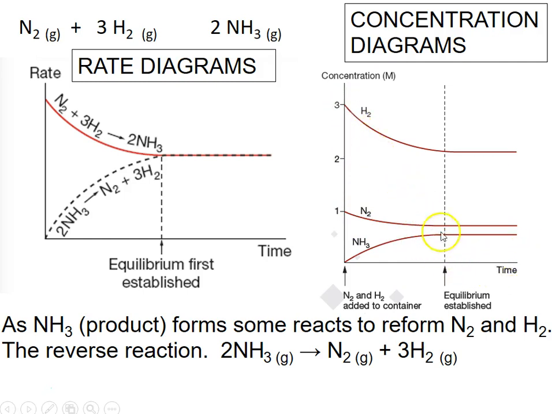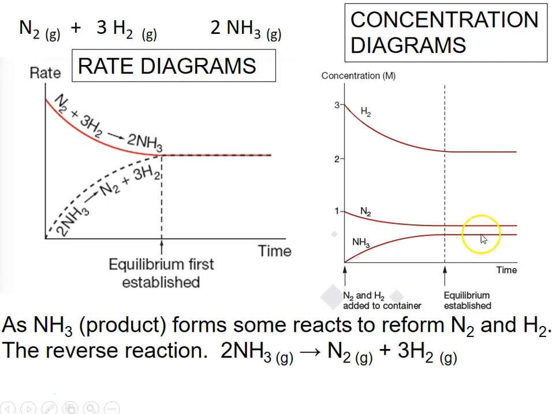So these lines should come right down to 0. And your ammonia would form until you've got 2 moles. With these particular amounts, you would get 2 moles per litre of ammonia. So the ammonia should, if it was irreversible, just going in the one direction, come up to here.